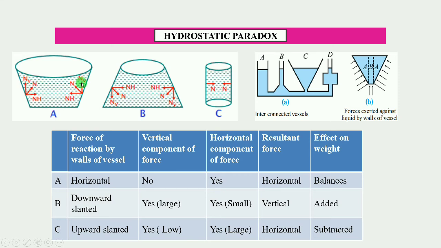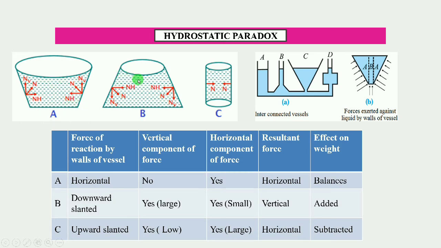So this vertical component balances some amount of weight, so that it will exert the same pressure at the base of vessel A. Because this vessel is larger, it will contain a large amount of liquid, but some amount of weight is balanced by the vertical component of normal reaction, so that the pressure exerted by the liquid on the base of the vessel will be the same.